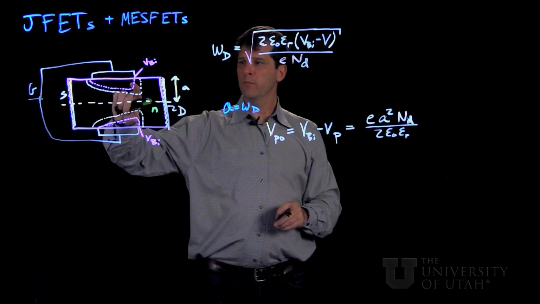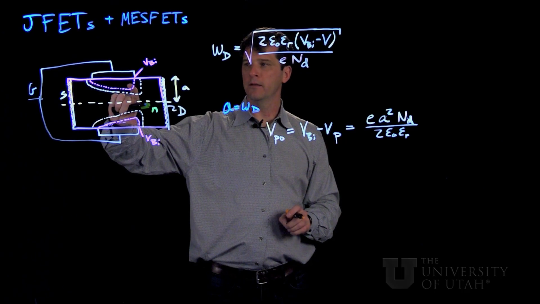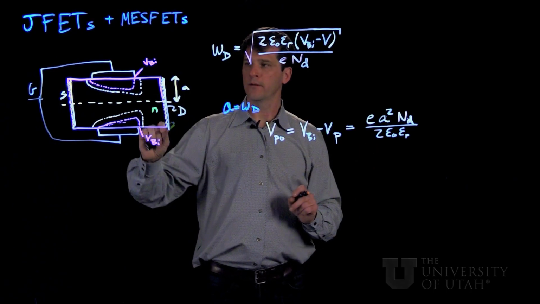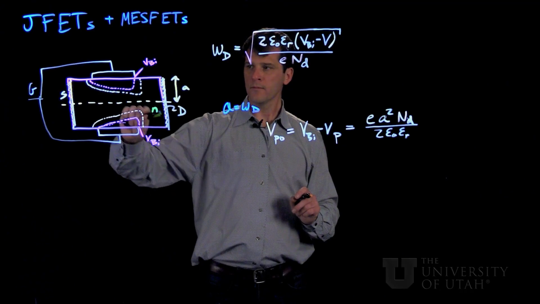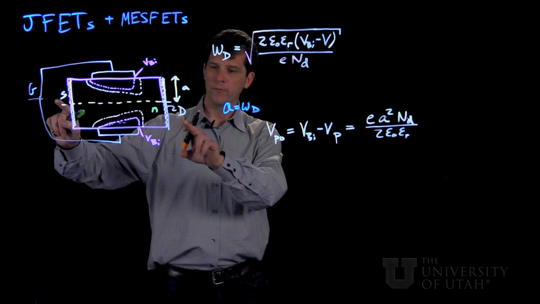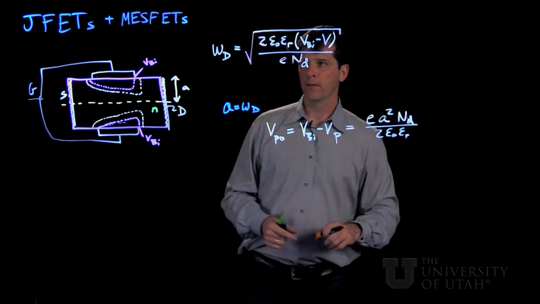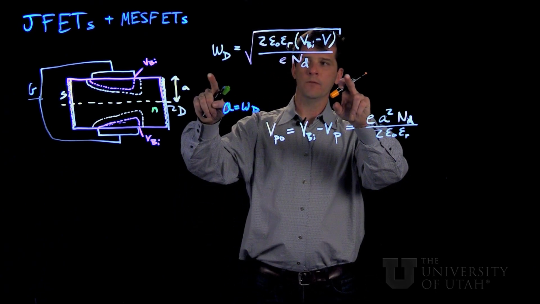And remember that the p-n junction has a finite built-in voltage even with no external bias. So this depletion width will be a certain thickness. Now, I've drawn this for the condition when there is some source and drain bias applied. So our usual equation for the depletion width is here.